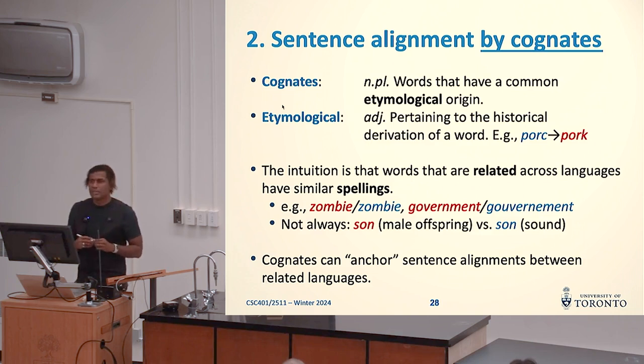Another example is the modern-day word cartridge: printer cartridge is derived from the Egyptian cartouche. If words across different languages have a common etymological origin, we can see some more examples here, like zombie, government, then they will have some similarity in their spellings as well. This is not always true, but in most cases it holds.